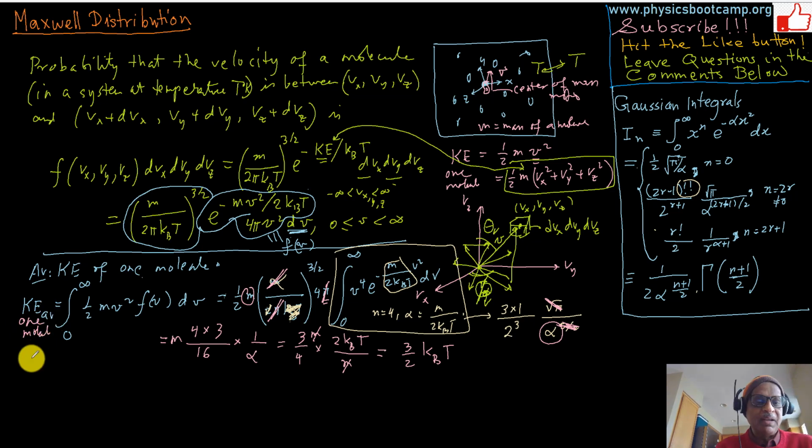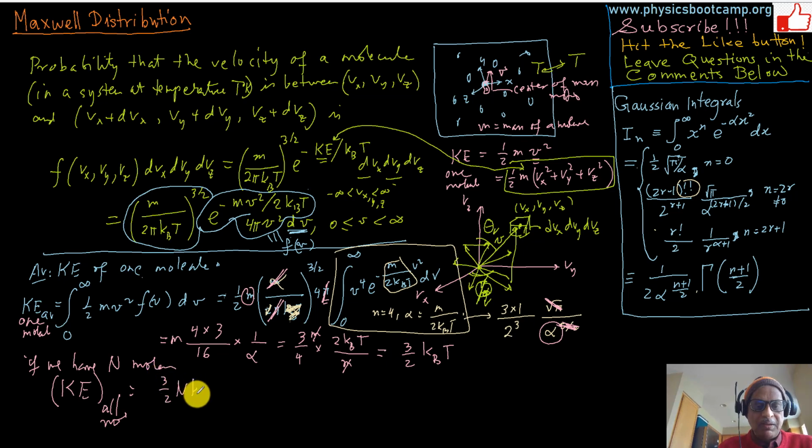Now if we have n molecules, then the kinetic energy of all molecules is just the sum of this, 3 over 2 n kBT, and this is the same as little n, the number of moles, and the gas constant, so 3 over 2 nRT.